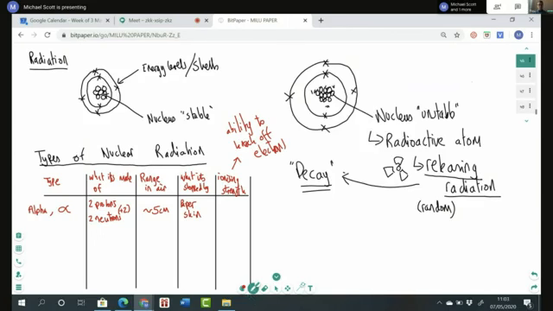So ionizing is a big problem inside of the body, and obviously the higher the ionizing strength, the stronger its ability to knock off electrons. Just to build off from there, alpha has a very high ionizing ability.